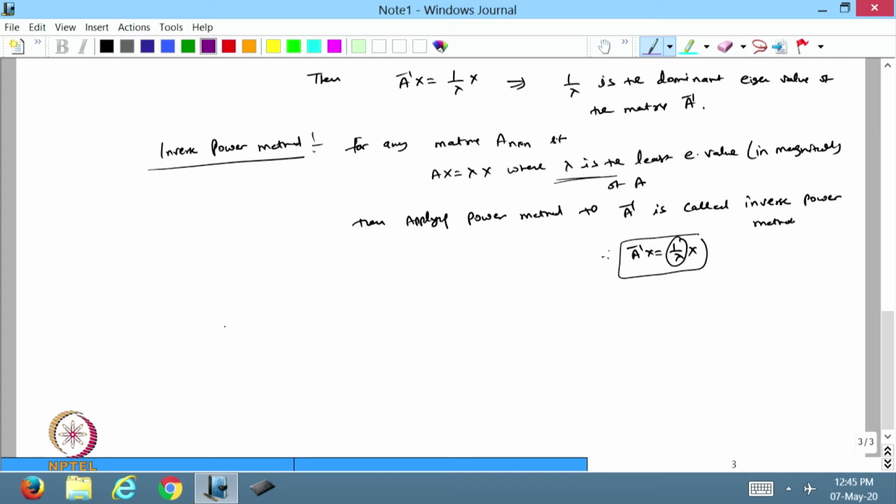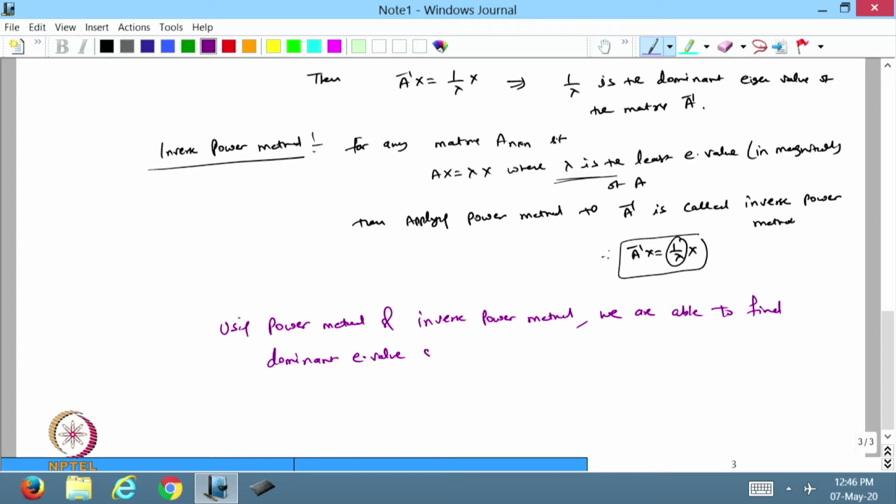So, now from here I can say that using the power method and the inverse power method, we are able to find the dominant eigenvalue and the least eigenvalue.